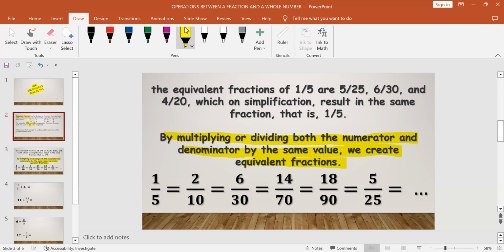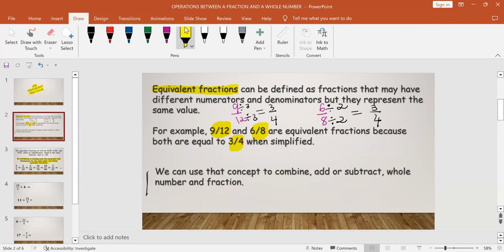So in the previous slide, we divided 9/12 by the same value, we divided 6/8 by the same value, and in both cases, we got 3/4.